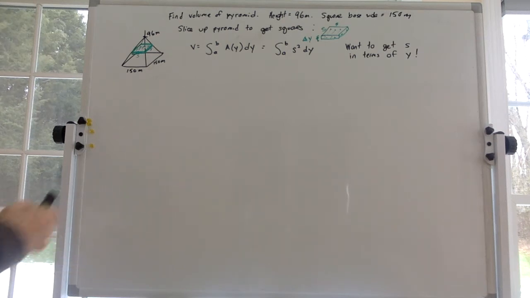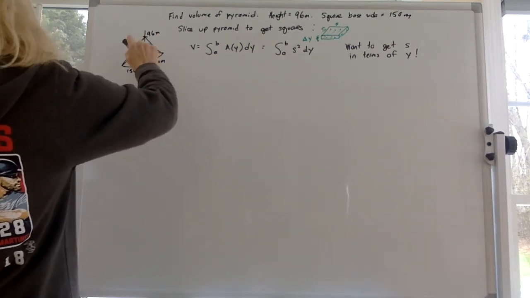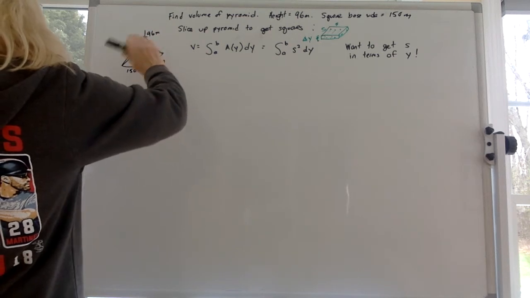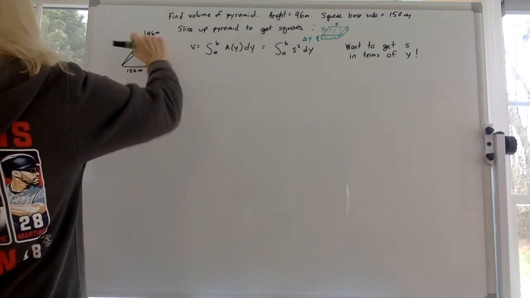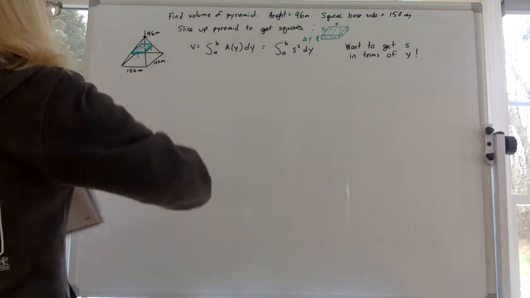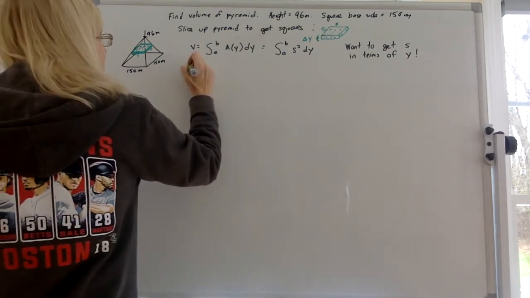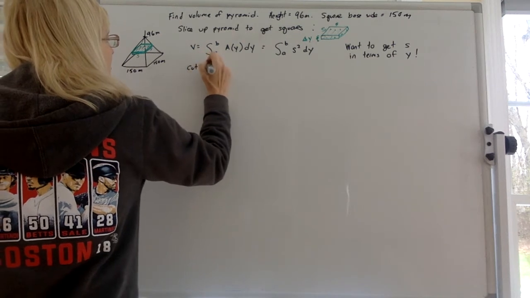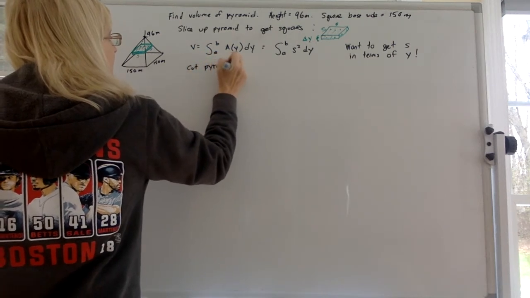So remember, the area is the area of a particular slice, a face of a slice, and dy is the thickness of the slice. So let's see. What we can do to try to figure this out is cut the pyramid vertically.